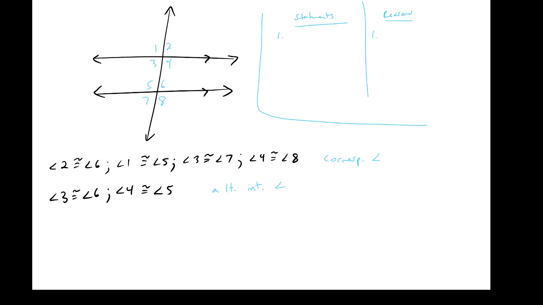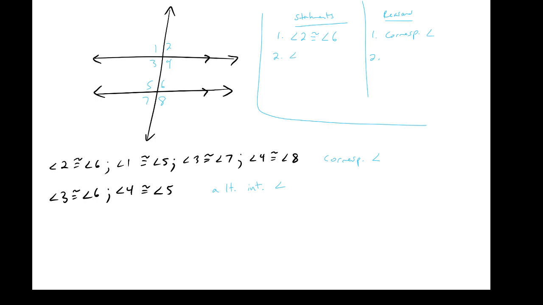Well, we know that, for example, 2 and 6 are going to be congruent. It's not that it's given. In this case, these are corresponding angles, which we know, when we have two parallel lines cut by a transversal, have to be congruent.